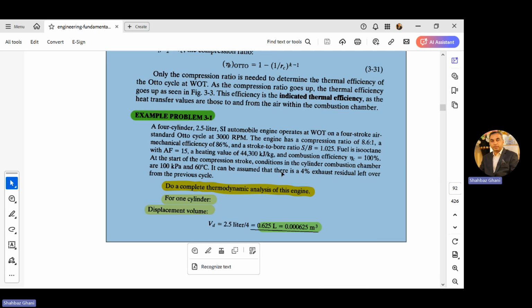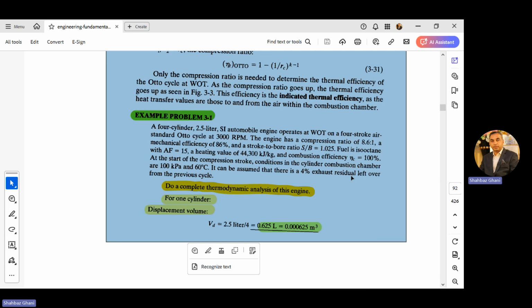It can be assumed that there is 4% exhaust residue, the exhaust residue at the end of the exhaust stroke inside the combustion chamber or the cylinder, left over from the previous cycle. So now we have to do the thermodynamic analysis of this engine.